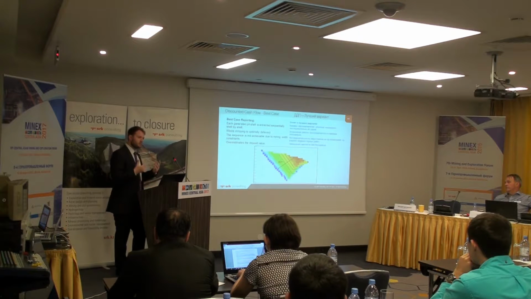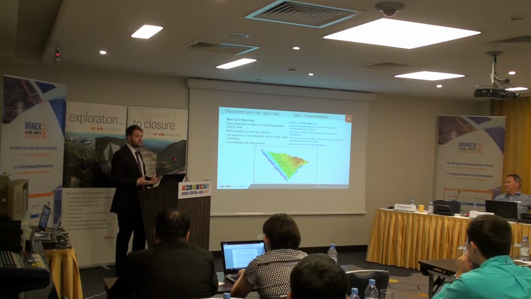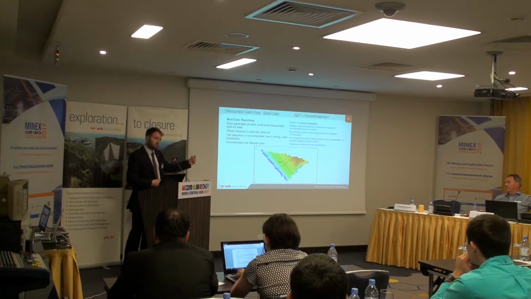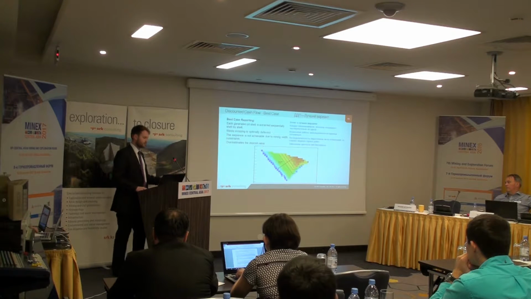Now, this provides the highest cash flow because it defers the waste stripping requirements as much as possible. But in reality, it's normally not practical to mine like this, because you can't physically mine very thin slices of deposit from top to bottom. So this provides the highest value, but is probably impractical.